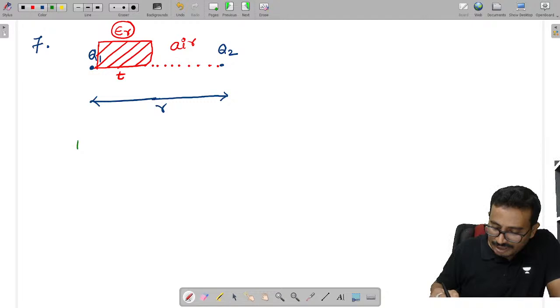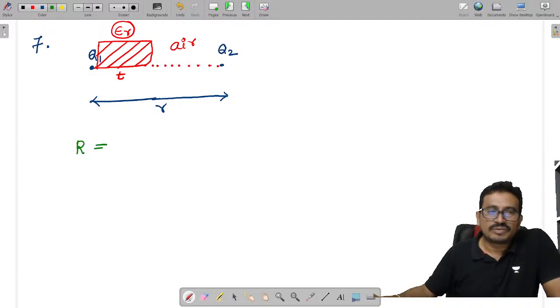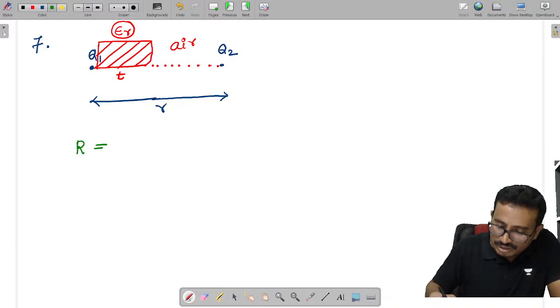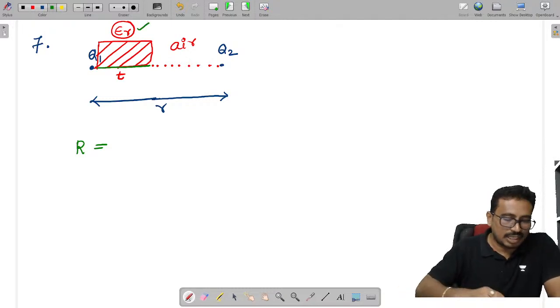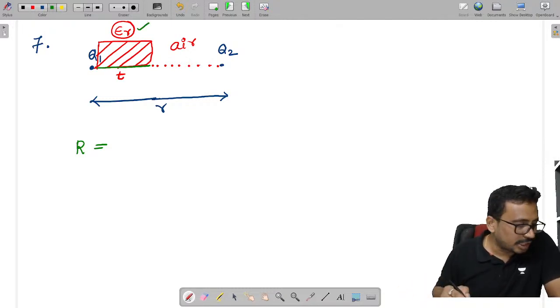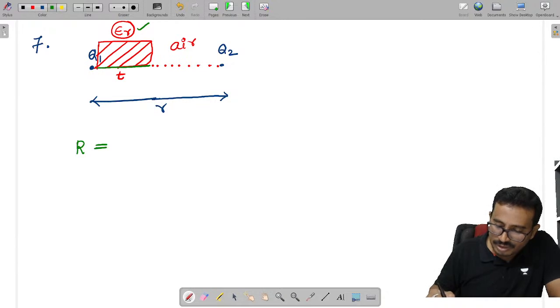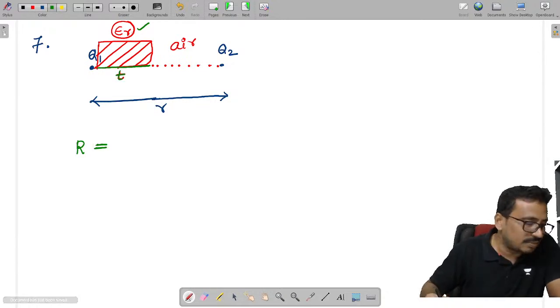Now can I write the effective distance here? Look now, totally this distance is t, and this is filled with some dielectric of epsilon r. Actual distance is t, but it is filled with some dielectric.